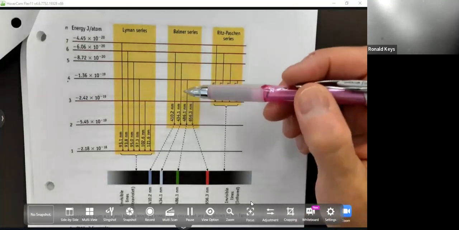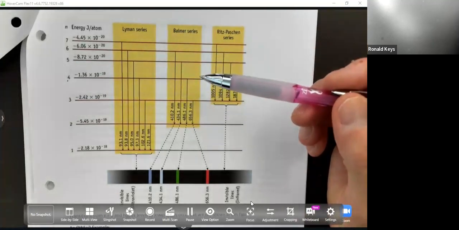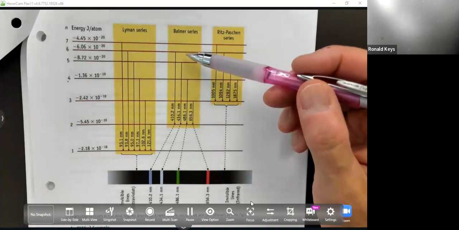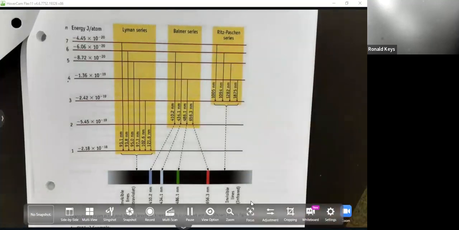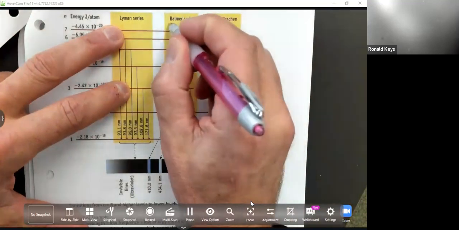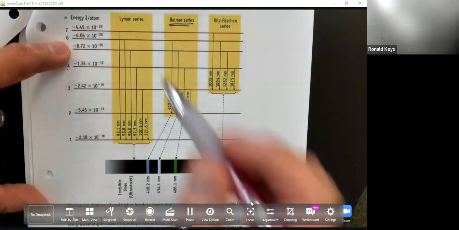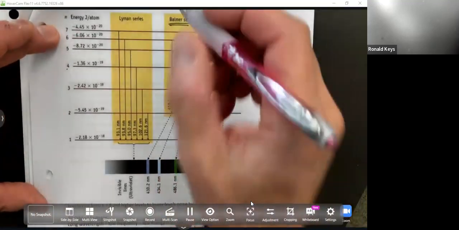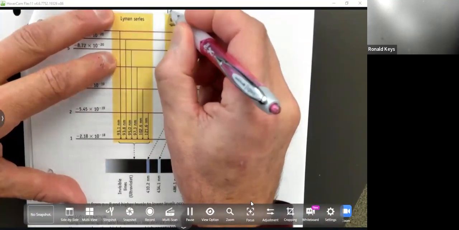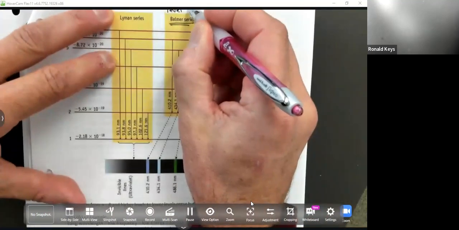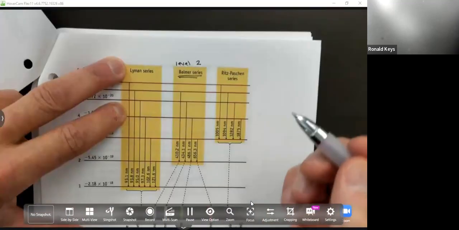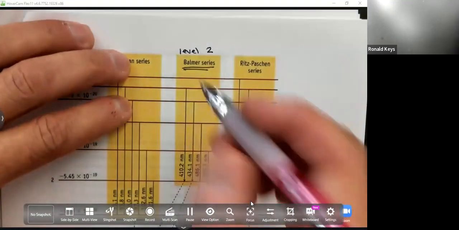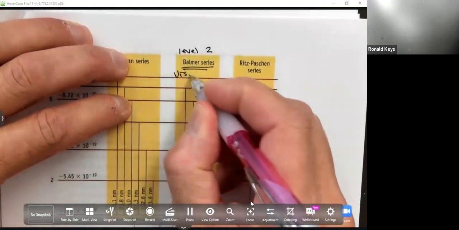So if we put energy into an electron and the energy comes back down, we get it back as an emission spectrum of visible light. Now, notice the Balmer series: everything comes down to level 2. And this is our visible light. This is what we can see.